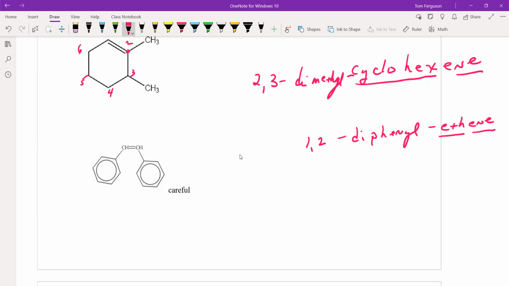Now, what do I need to add to this? This is not quite correct the way it's written. What do I need to add? That's why I put careful down. Trans and cis. Which one?